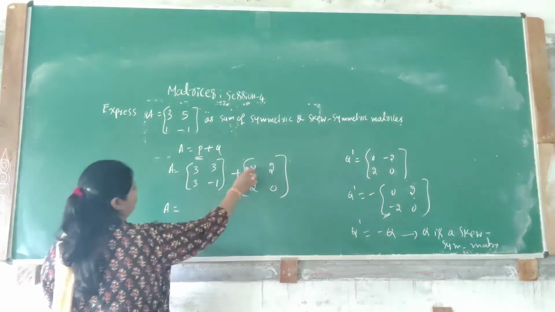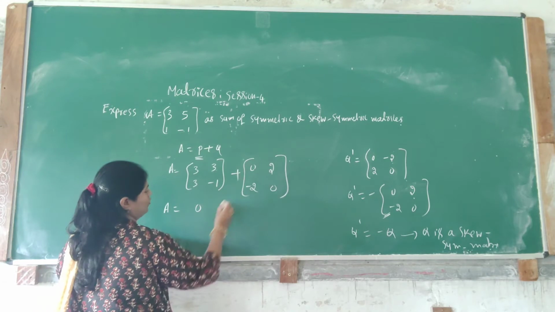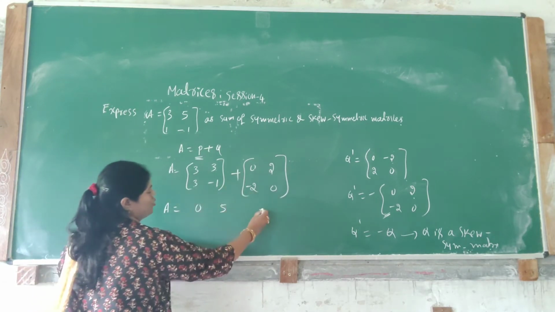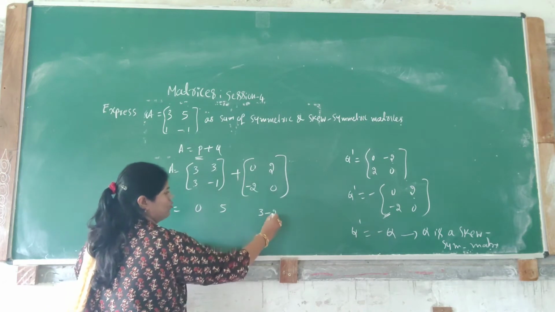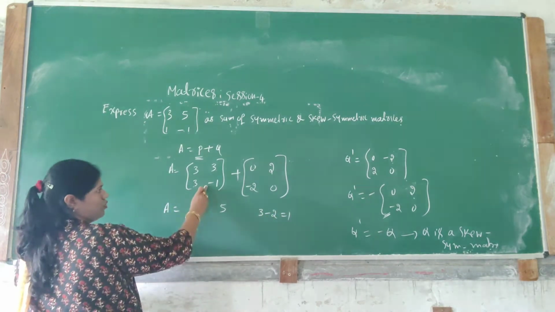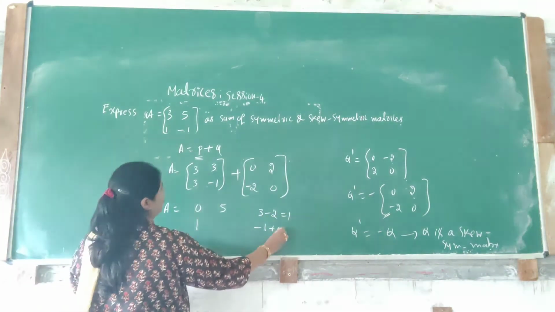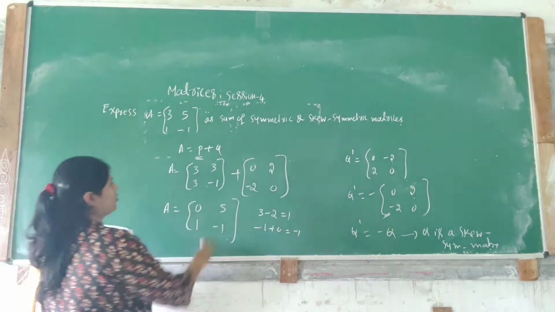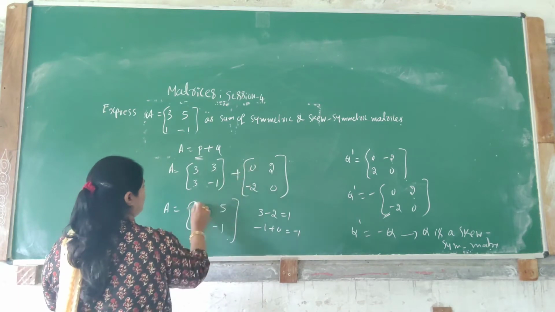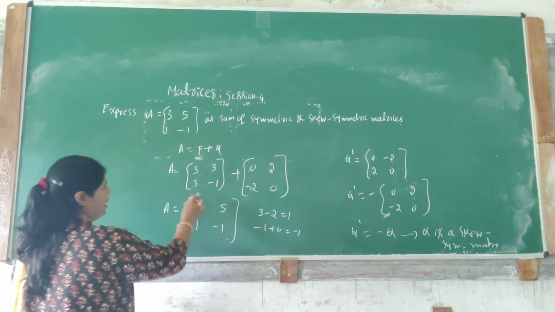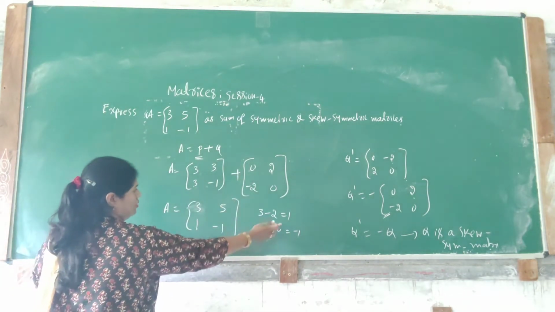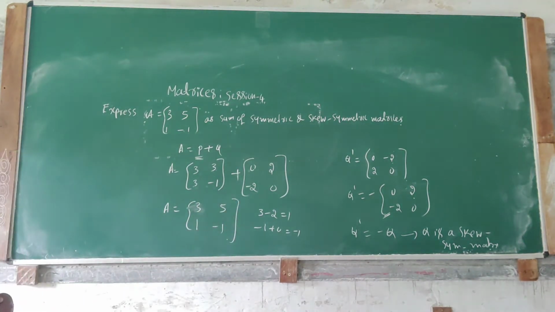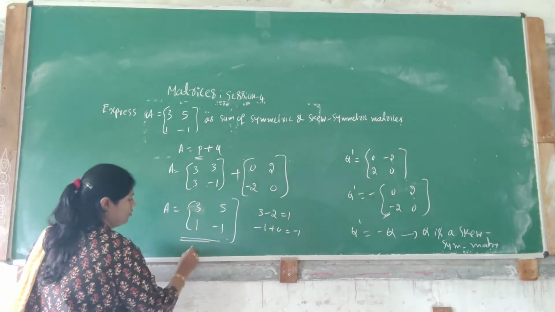A equals 3 plus 0, 3; 3 plus 2, 5; 3 plus minus 2, which equals 1; next, minus 1 plus 0, which equals minus 1. So this is nothing but A now.